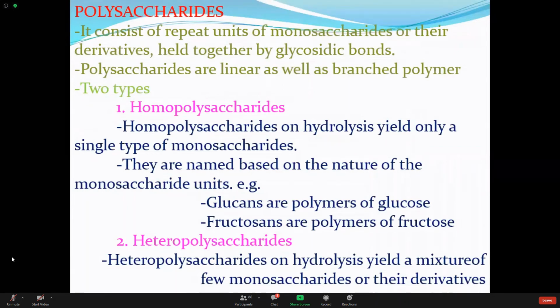A lot of fructose units joined together make fructosan. These are all examples of homopolysaccharides. In heteropolysaccharides, different monosaccharides are joined together. So it consists of repeated units of monosaccharides or their derivatives held together by glycosidic linkage.